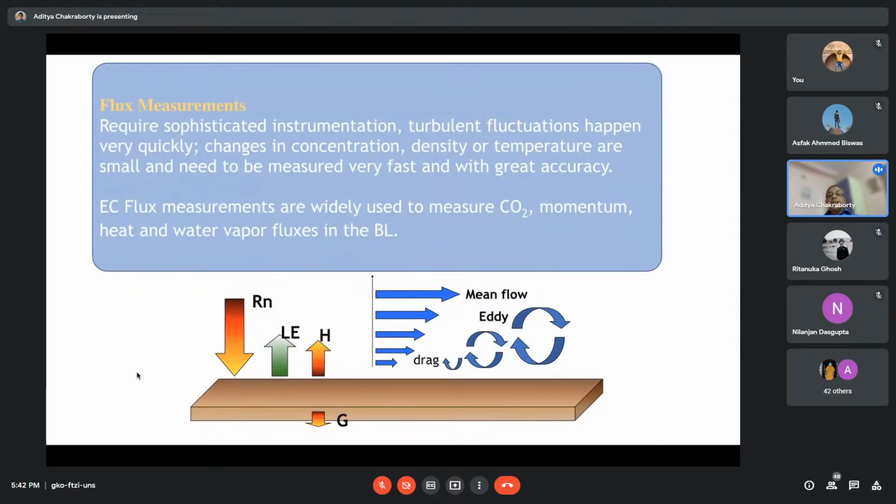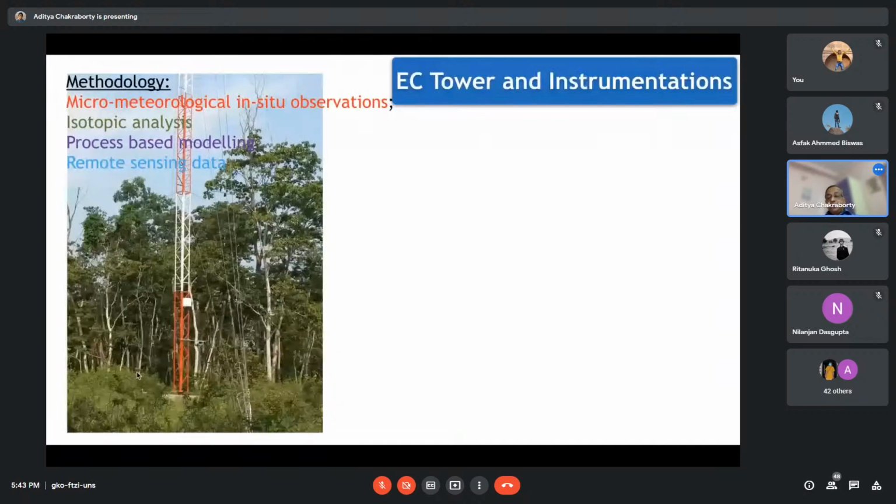And the right hand figure schematically shows how the eddies are controlling these kinds of processes. So now the methodology: what we need here is a tower.